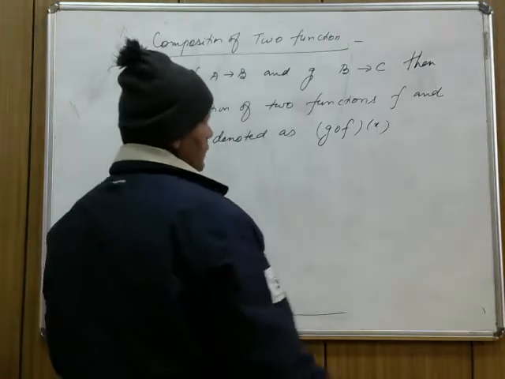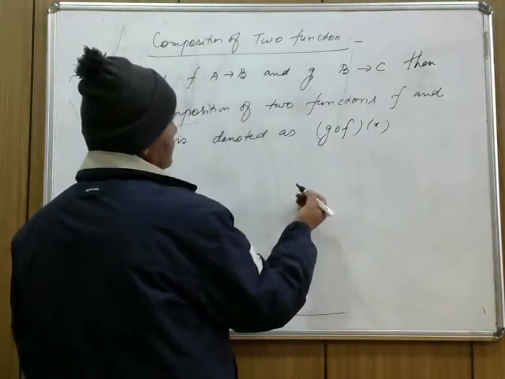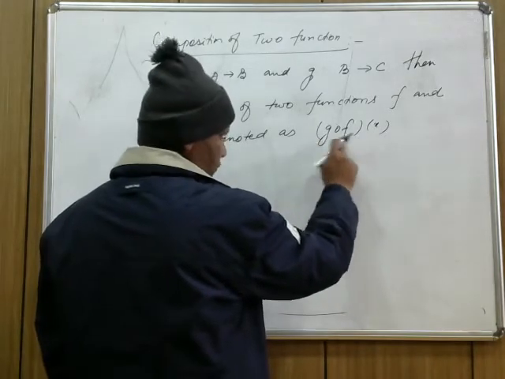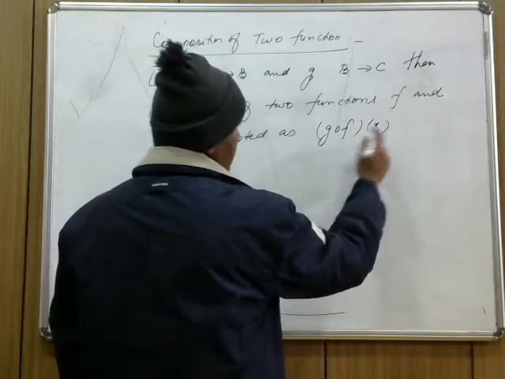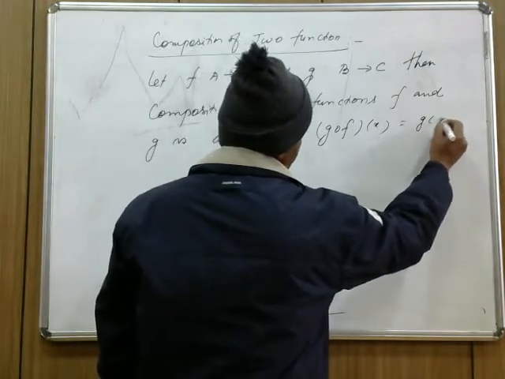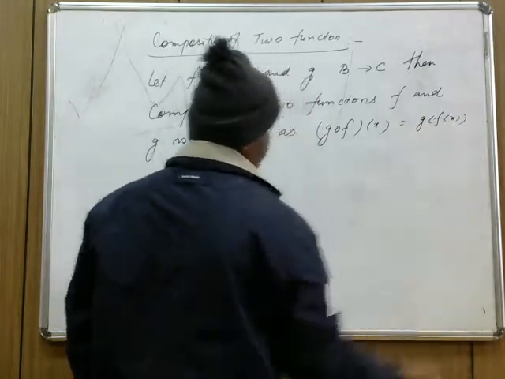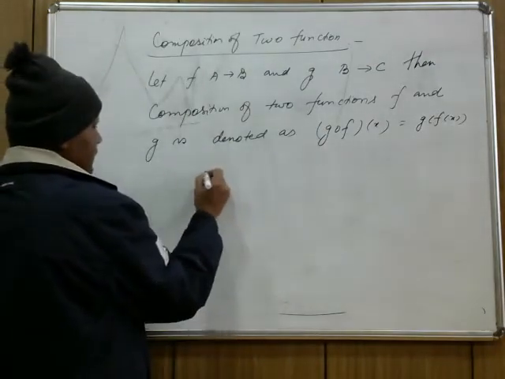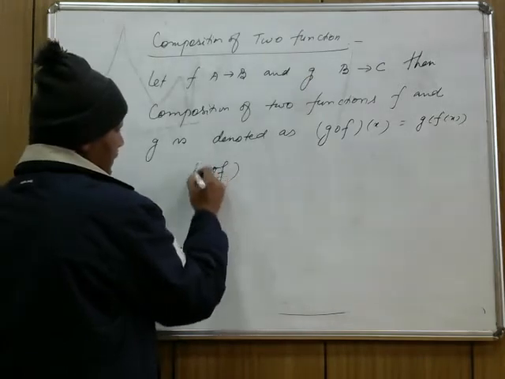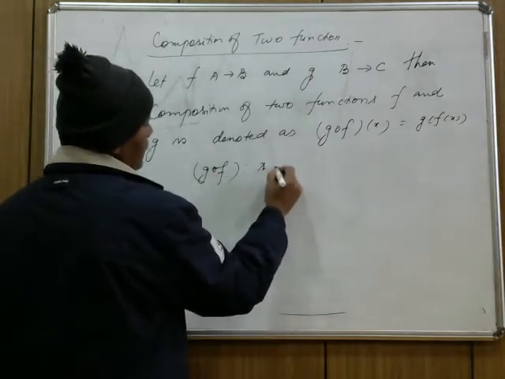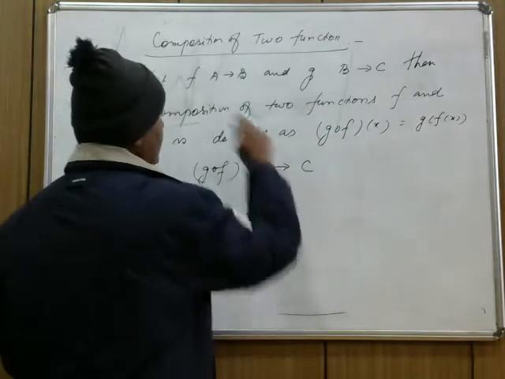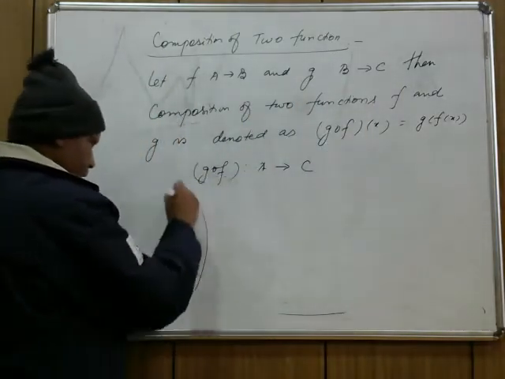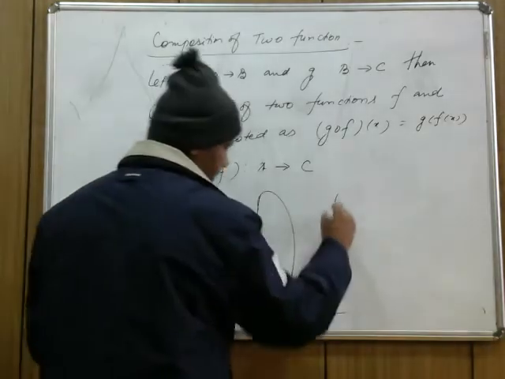Right? That means gof is a function, a composition of two functions, equal to g of f of x. That means gof is a function from A to C. I'll make it with the help of figure A, B and C.